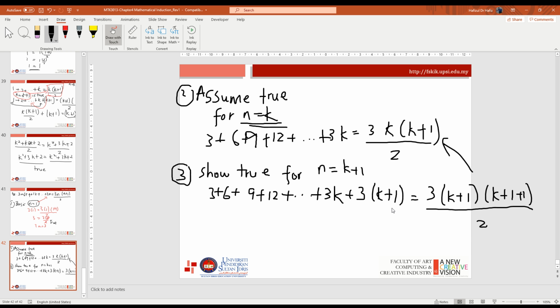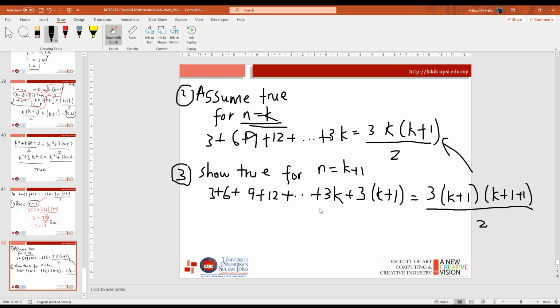Okey. Ada soalan ke setakat ni? Okay, we got 3k(k plus 1) plus 2.